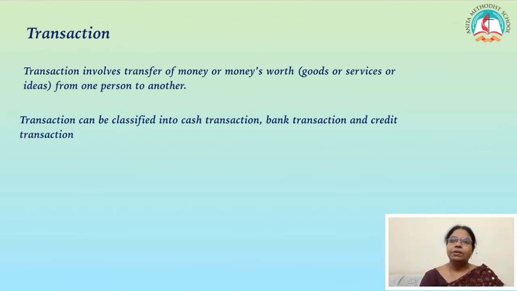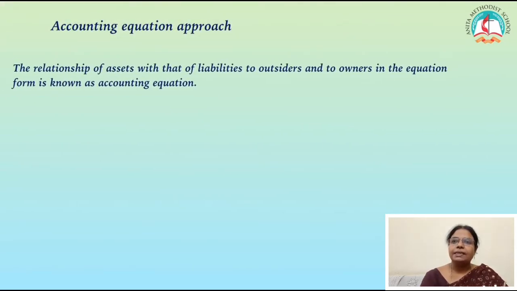Now we will see about accounting equation approach. The relationship of assets with that of liabilities to outsiders and to owners in the equation form is known as accounting equation.